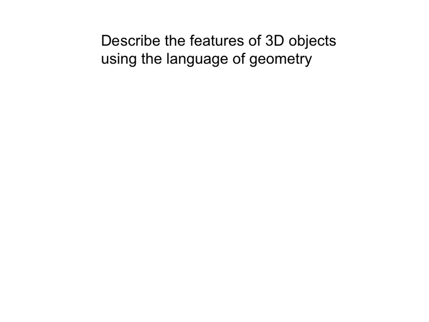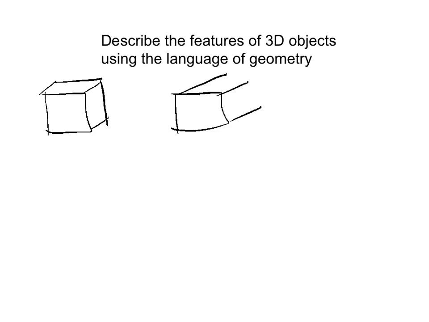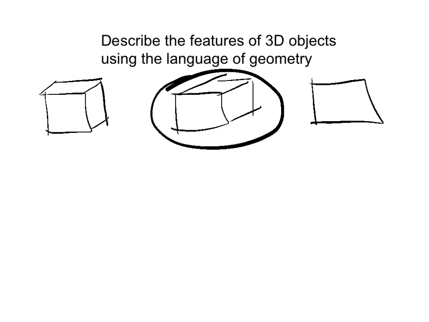These are shapes like cubes, rectangular prisms, any shape where it becomes 3D. A 2D shape, for example, is only a square, so it's like a flat shape. So we're going to be focusing on these 3D shapes, and there's many different types. And we're going to be focusing on the language of geometry.